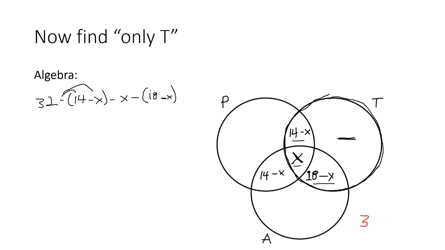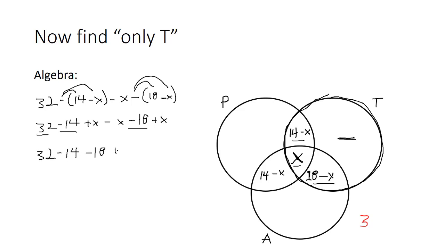Distribute that negative sign through to flip the signs because we're dealing with subtraction. Let's write them all in order. And now we cancel and group our like terms.